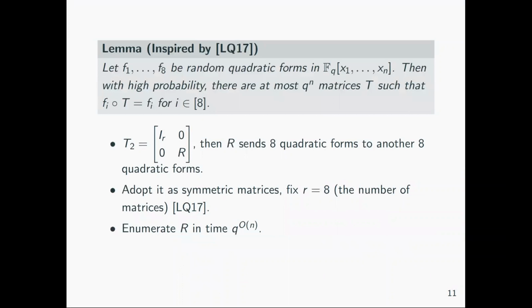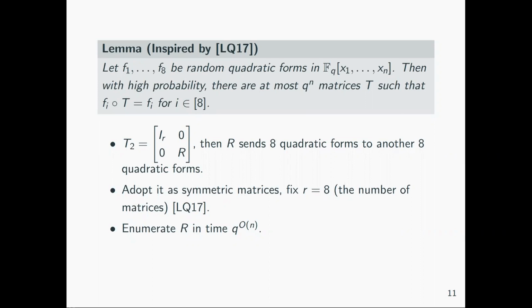And then we focus on T2, which is a block diagonal form including the identity of R by R and a matrix R. So we focus on finding this matrix R, because if we find R, it means we find T2, which means we find T. Okay, we have an observation: R sends 8 quadratic forms to another 8 quadratic forms.